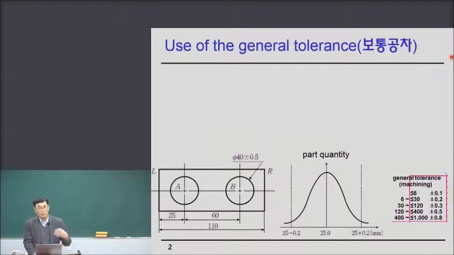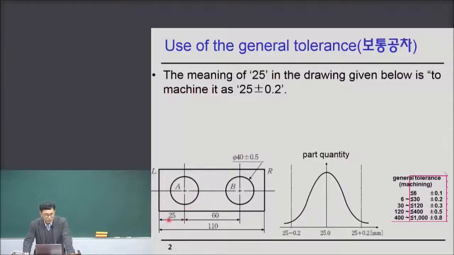Firstly, I'd like to remind you that we have to use the general tolerance, which we call 보통공차 in the Korean language. I believe you remember that in your title space, the general tolerance must be included, all right? According to this general tolerance, if you place a dimension 25 like this, then the meaning of 25 in the drawing is to machine it as 25 plus minus 0.2.